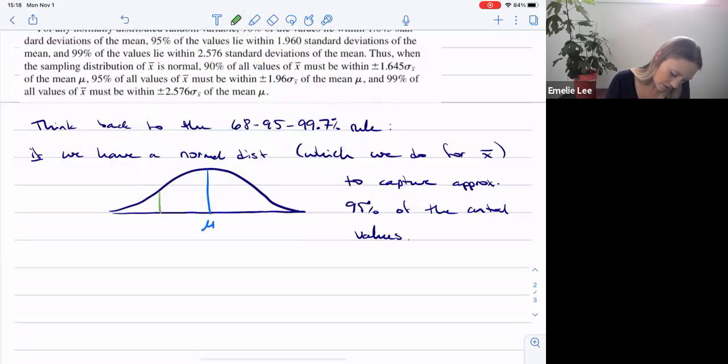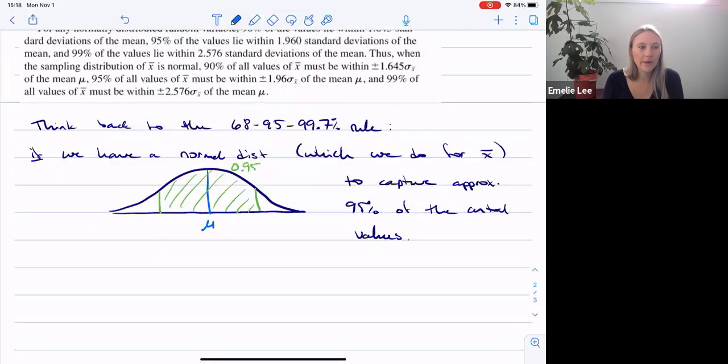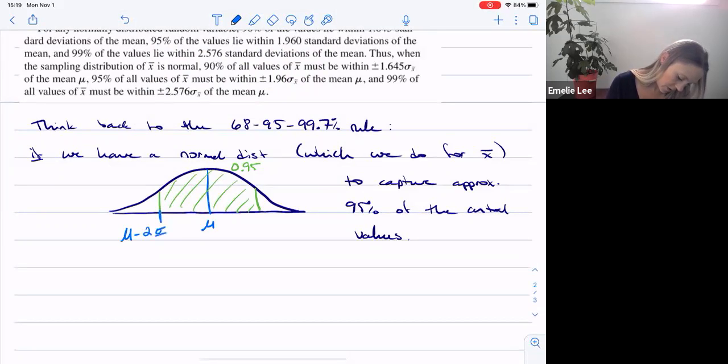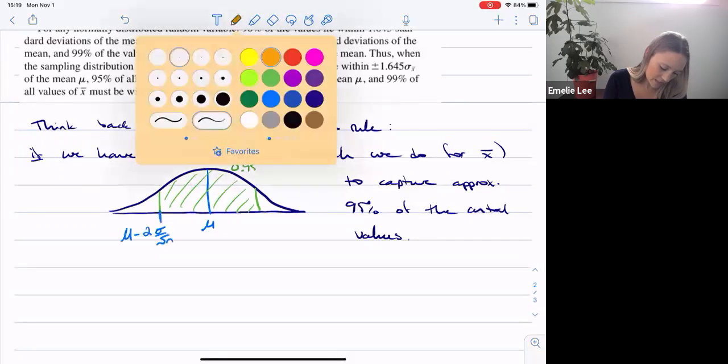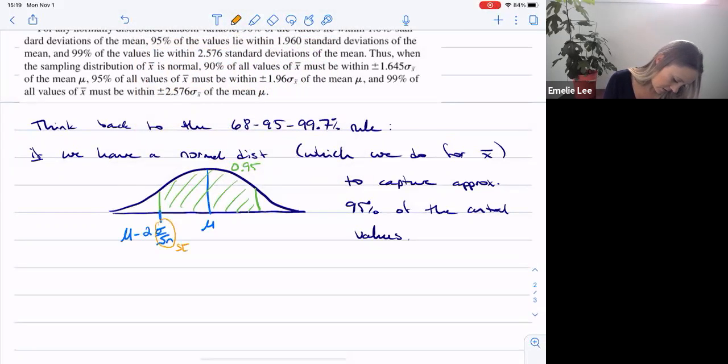But if I go out and I try to capture the central 0.95, what I've done is this point here is at mu minus 2 sigma over root n, because now we have standard errors, for X bar.